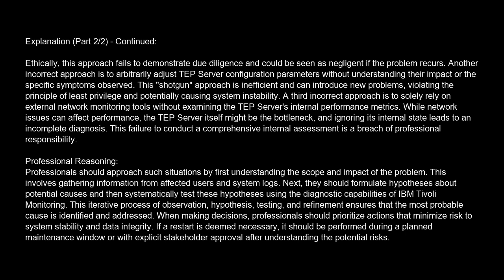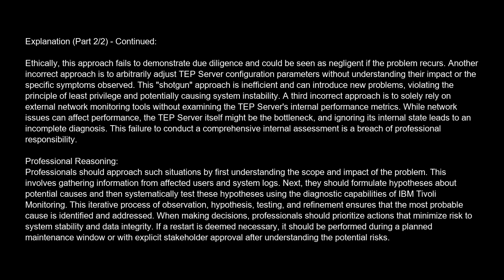Professional reasoning. Professionals should approach such situations by first understanding the scope and impact of the problem. This involves gathering information from affected users and system logs. Next, they should formulate hypotheses about potential causes and then systematically test these hypotheses using the diagnostic capabilities of IBM Tivoli Monitoring.